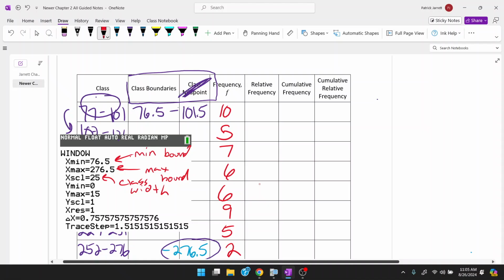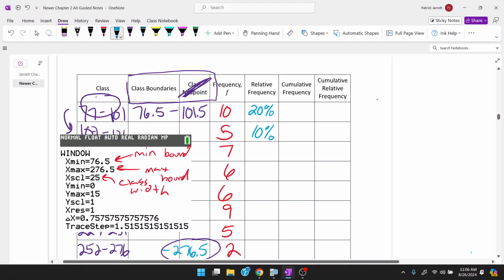Now, the nice thing we can do here is we can easily figure out our relative frequencies. Now, what is the grand total for the number of pieces of data in this particular set? 50. So literally, you could just divide all these numbers by 50. So 10 out of 50, well, that would be 20%, or 0.2.